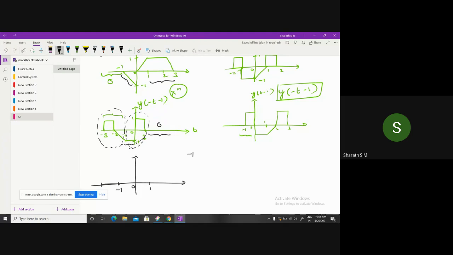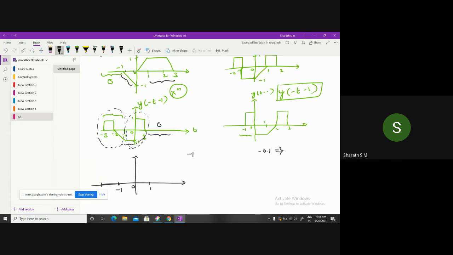For example, at -0.9, what's the amplitude level? At -0.1, what is the amplitude level? -0.9.